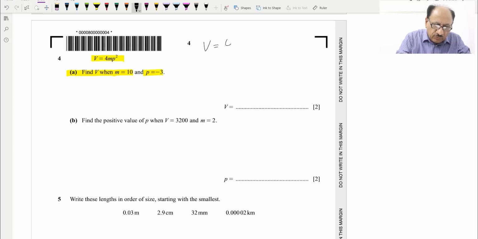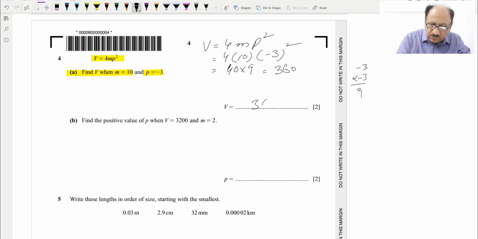So v is equal to 4 times m times p squared, and m value will be 10 and p squared will be minus 3 squared. 4 into 10 will be 40, and minus 3 squared is minus 3 into minus 3, which will be 9. So multiply by 9: 4 nines are 36. So 360 will be our final answer, and this is for 2 marks.